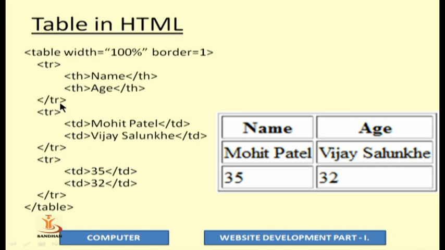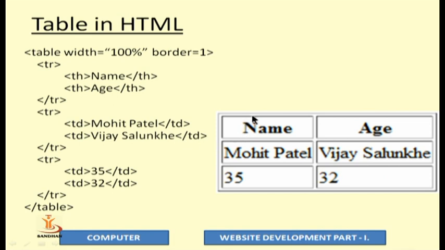Now for this table I have a second row, so again I am starting with tr. In the second row I have two values, Mohit Patel and Vijay Salunke. These are my next cells, which I have covered with td. Now you can see the difference. In the first row I have used th and in the second row I am using td.